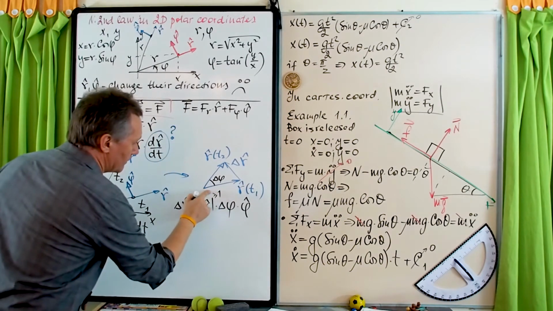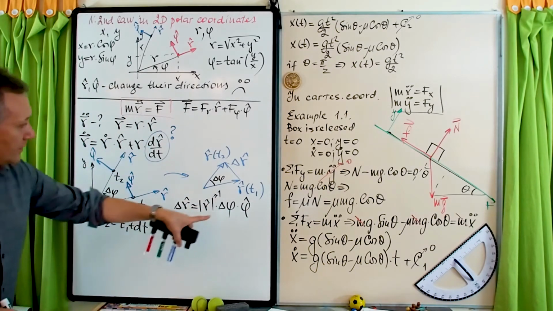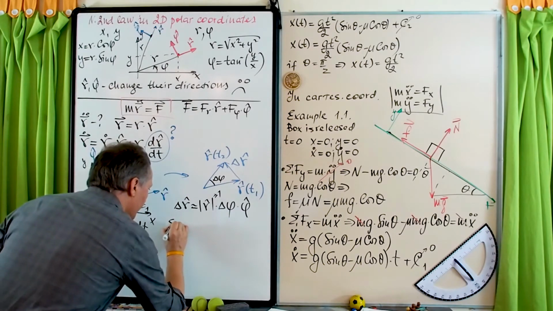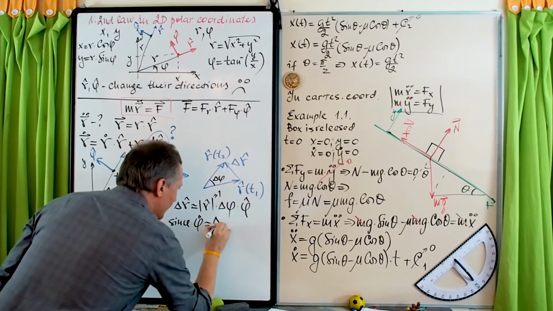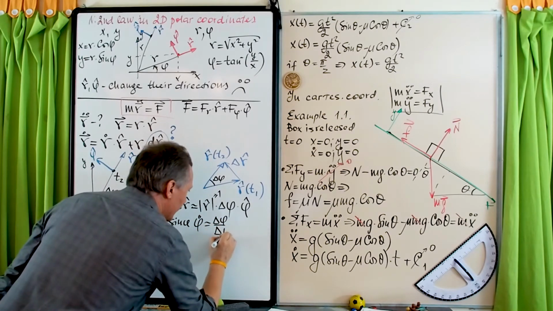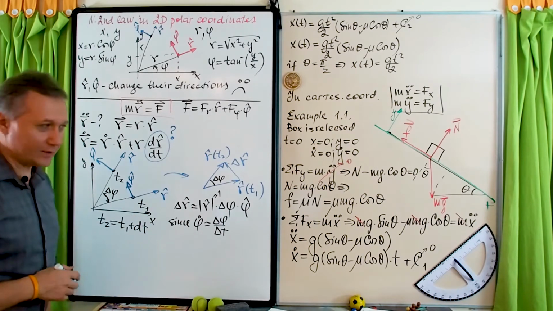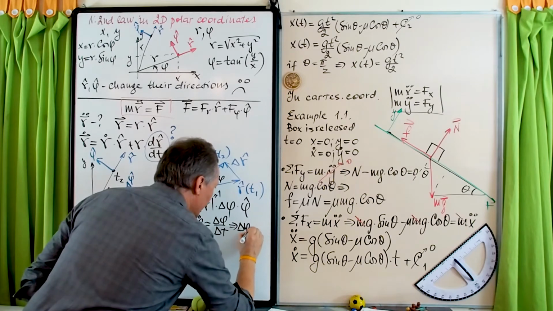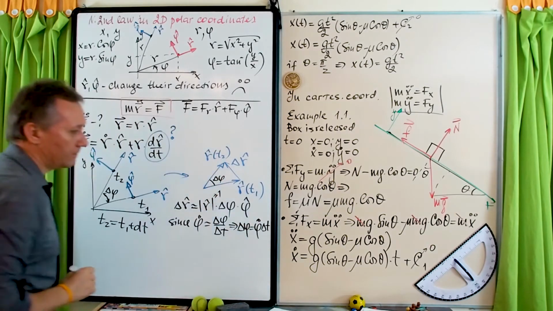Of course, absolute value of r hat is just 1. And now what is delta phi? Since phi dot approximately equals delta phi over delta t, delta phi will be equal to phi dot times delta t.